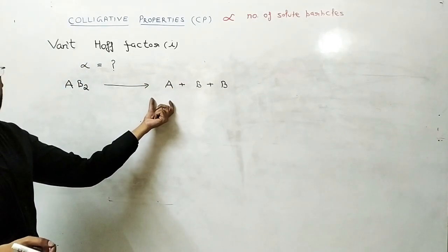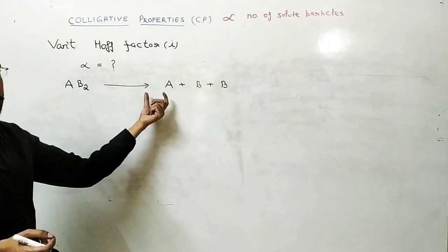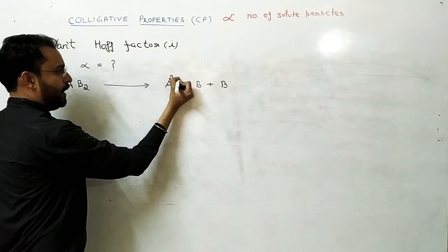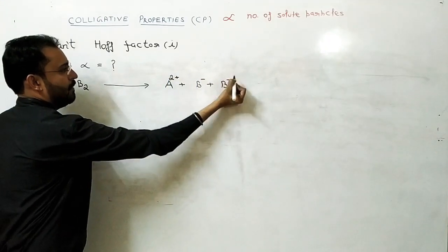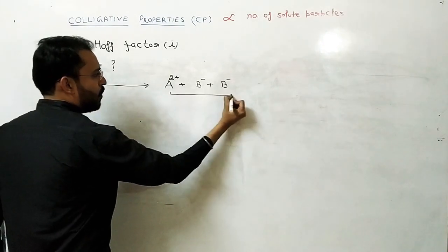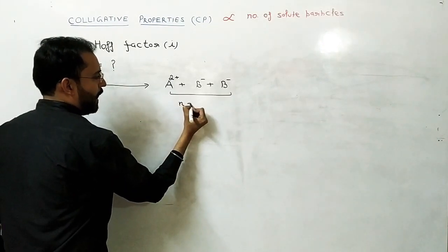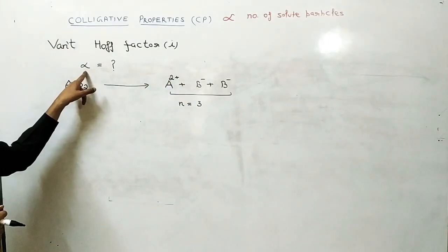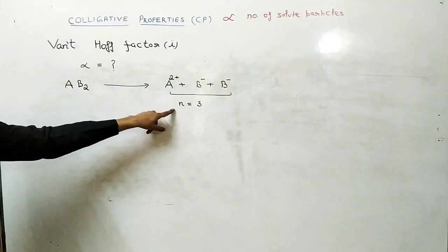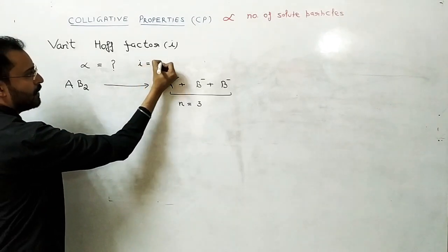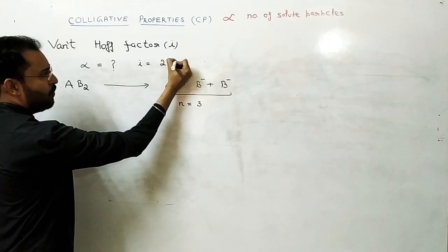But if you want to write the complete signs and charges, you can balance: A2 positive, B negative, B negative. So what is the value of n here? n is 3. Alpha is asked. n is 3 from the type of salt. i was 2.24, I think.